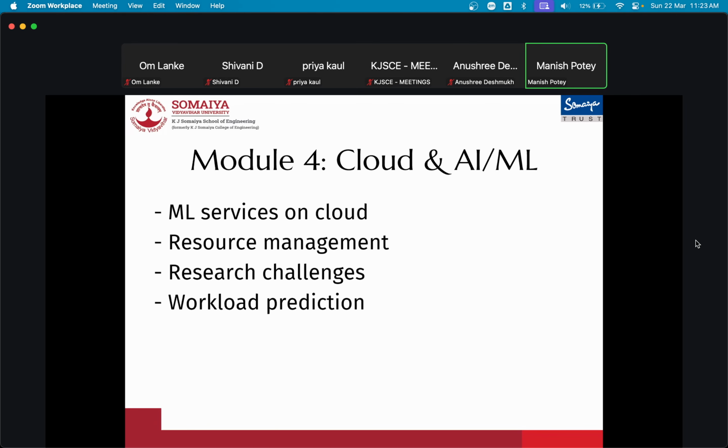Then module number 4 is where our advanced content starts, of course, which starts from module 3 itself. So cloud and AI/ML, how exactly the cloud and AI/ML work together. Large scale machine learning services on clouds will be studied. Then resource management and production scale machine learning will be studied.